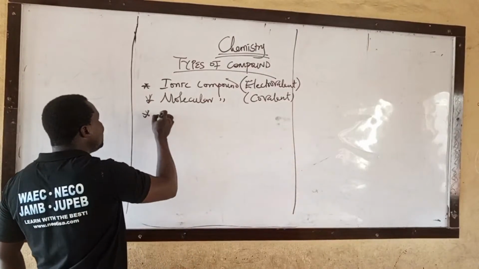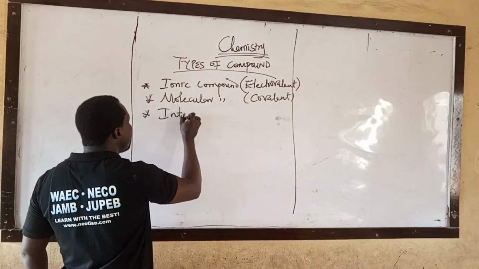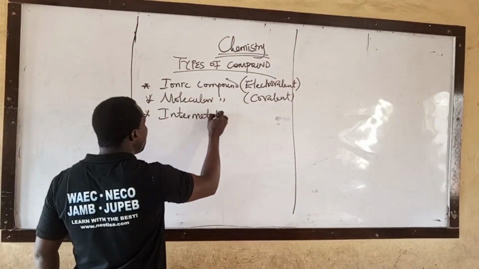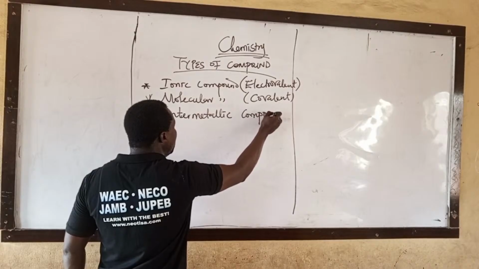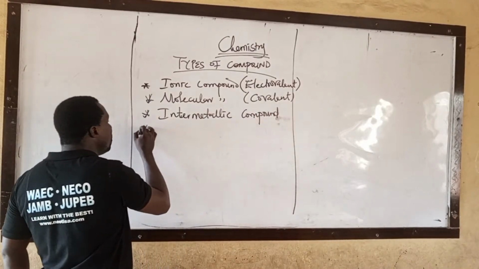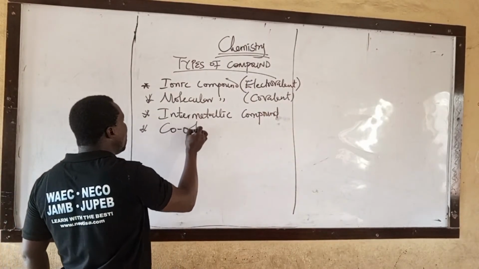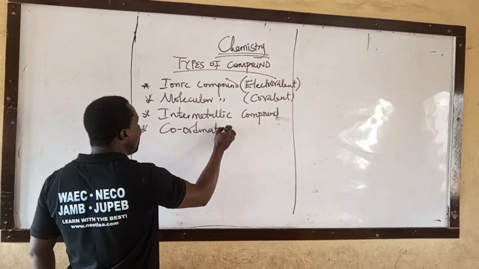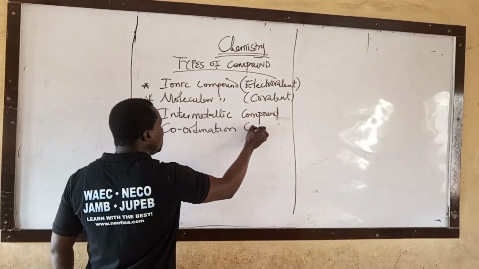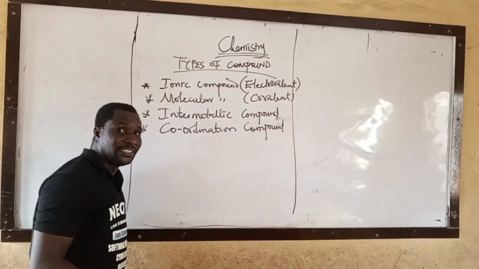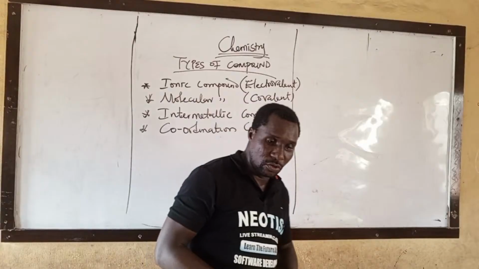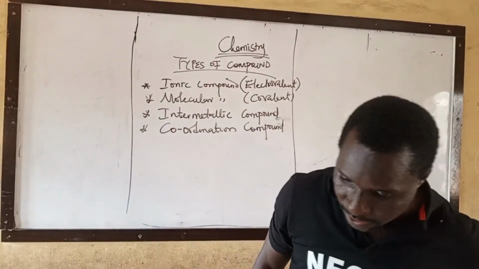The third one, I said, is intermetallic compound. It has no other common name. And we have coordination compound, which is very important. It's an important compound. You can also call it dative compound. Coordination compound. Okay, class.